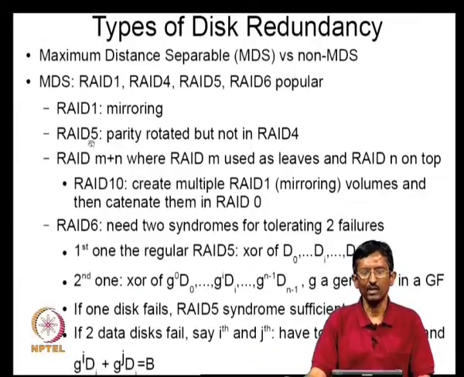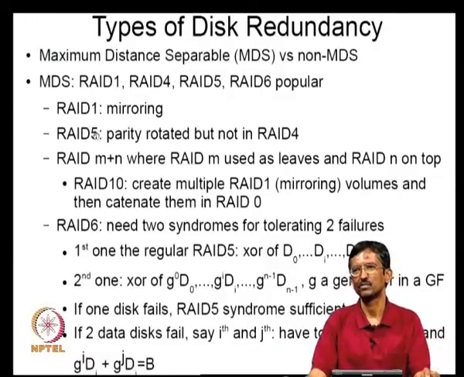The problem with RAID 5 is that if there is an error, I have to read the rest of the disks. What happens if, while reading the other disk, I suffer a failure? That is often possible through what are called latent sector errors. That means I try to read something, and at that time the disk comes back and says I cannot read this.